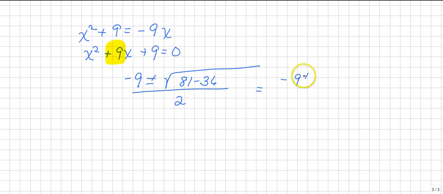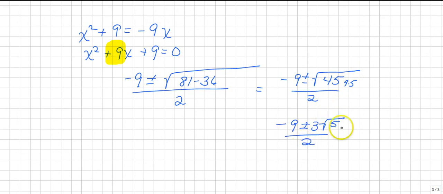Okay, so all we have to do here is do a little bit of subtraction, and we get 45. 81 minus 36 over 2. And again, like the last problem, the radicand 45 can be broken down. It's 9 times 5. So the square root of 9 is 3. It comes out, left with a 5 underneath, all over 2. And no cancellation possible because 2 doesn't go into 9 and 3, or either one actually, and we're done.